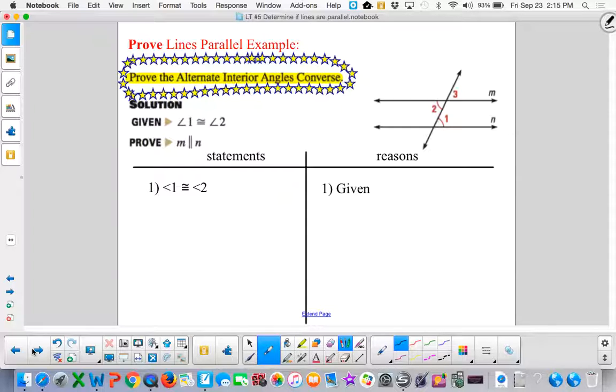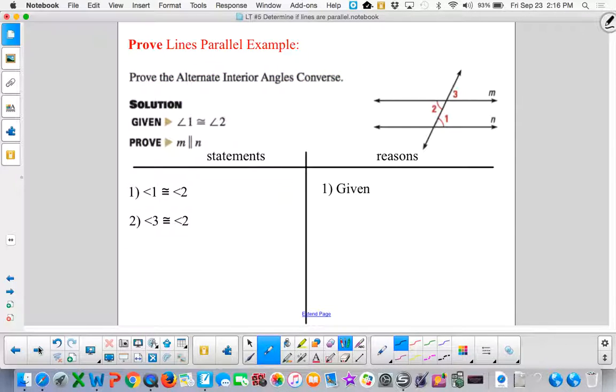Now notice we are proving the alternate interior angles converse. So can we use the alternate interior angles converse? No, we cannot. So what else can we say? Can we say that 3 and 2 are congruent? What's our reasoning for saying 3 and 2 are congruent? You're right.